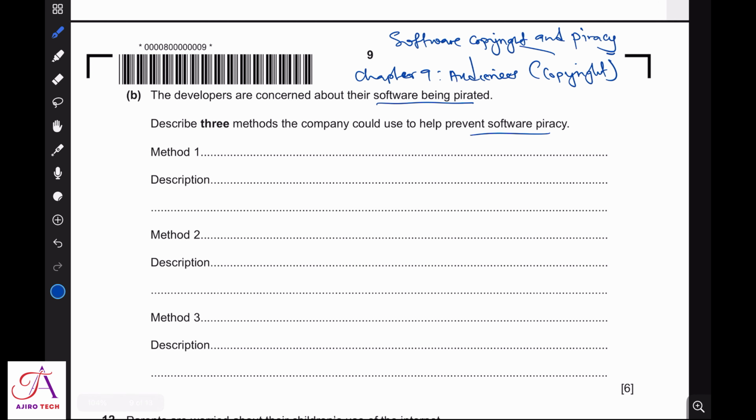So what are the methods that we can use here? We can use a dongle. Let's start with that.